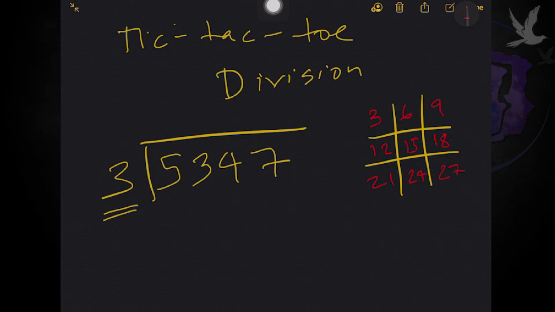How are we going to make use of this? If you're having a hard time, especially if you're dealing with bigger numbers, assuming that I really do not know how to divide. For example, 5 divided by 3. All I have to do is to look for a 5 in my tic-tac-toe graph.